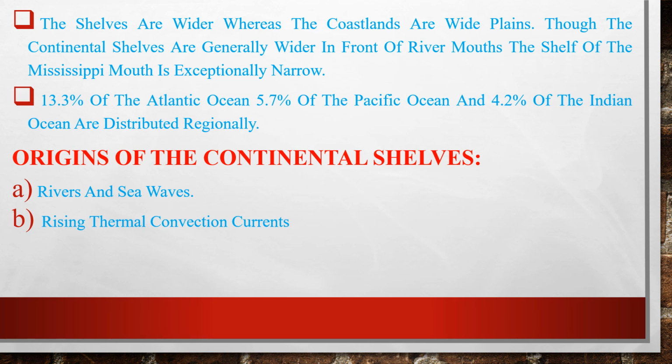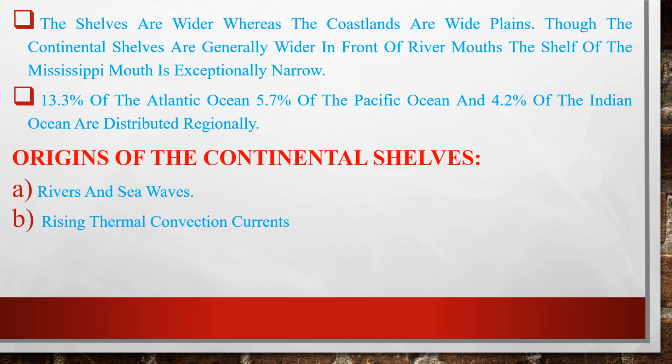Regarding the previous point, we know that if any mountain is located near the continent, then this continental shelf will be narrow. As an example, in the western part of South America, the Andes mountain is located.